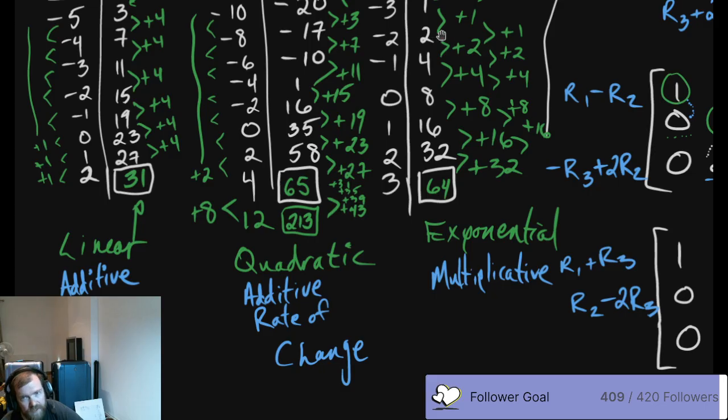I multiply that 2 by 2, and I get 4. I multiply the 4 by 2, and I get 8. By 2 again is 16. By 2 again is 32. By 2 again is 64. So exponential functions are a multiplicative pattern rather than an additive pattern like linear, and the quadratic has an additive rate of change.